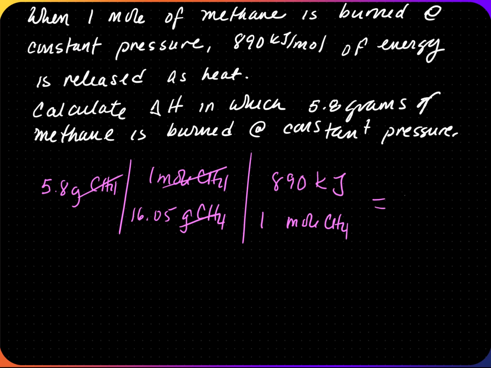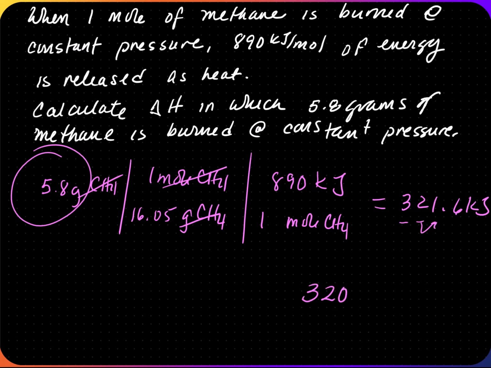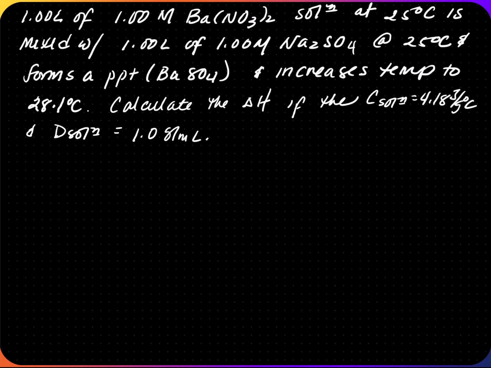This equals 321.6 kilojoules. There are 2 sig figs because of the 5.8, so 1, 2, I look 1 to the right. So this is 320 kilojoules. And since it's released here, I need a negative. It's an exothermic reaction.